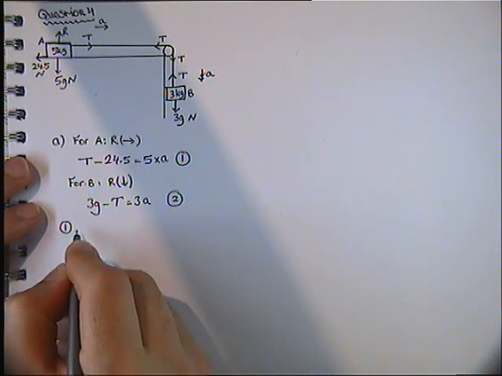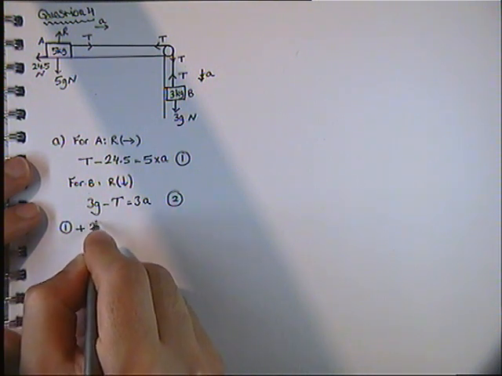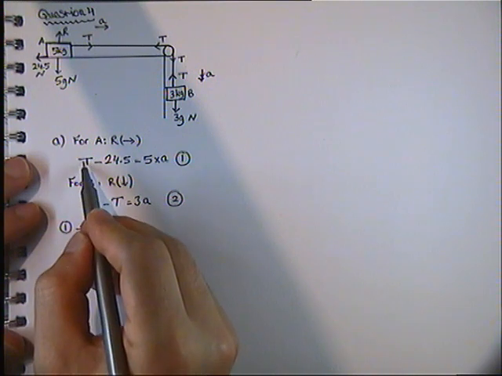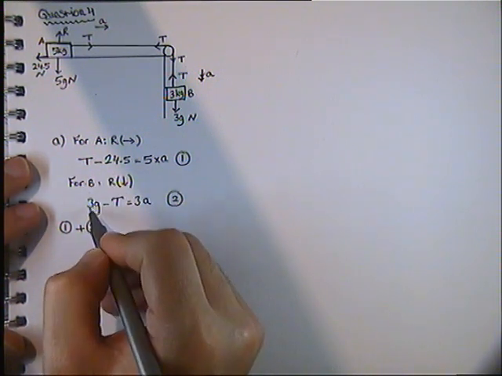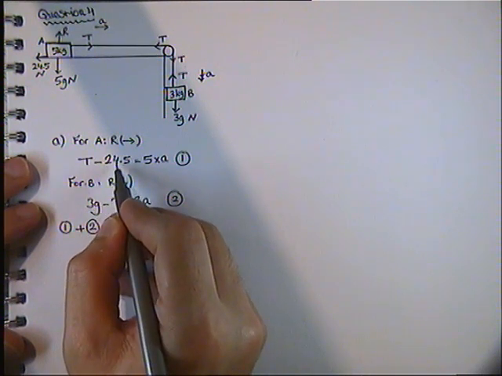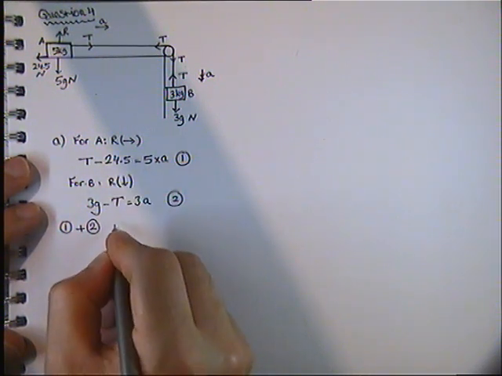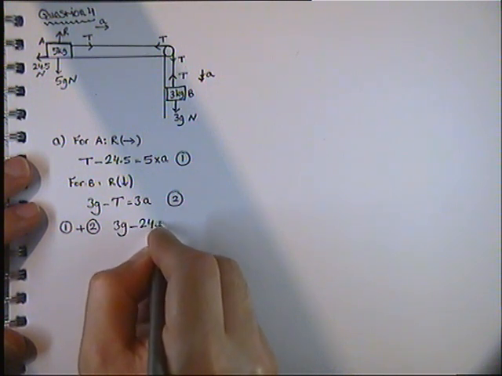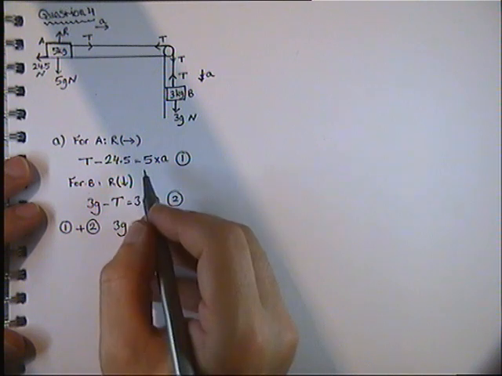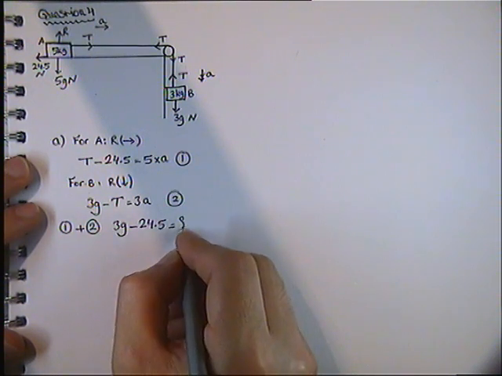This is a simultaneous equation. Equation 1 plus equation 2 becomes T minus T is equal to 0. 3g minus 24.5 is equal to 5a plus 3a, which is 8a.